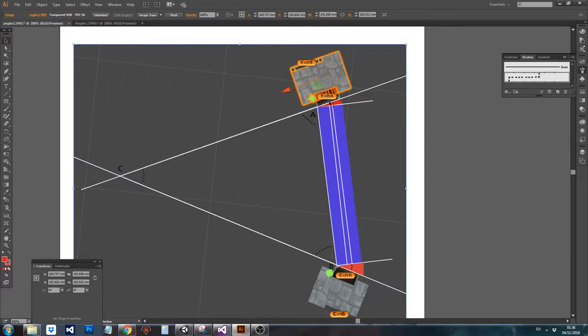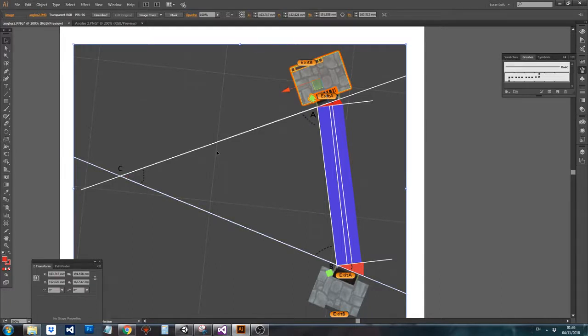So we know the point, we know the angle. If we plus or minus 90 degrees, it'll give us this kind of angle from this point. So knowing the point and the angle, we can create an equation for this line, and create an equation for this line. Join the two equations together to find the point where they intersect. And that gives us point C.